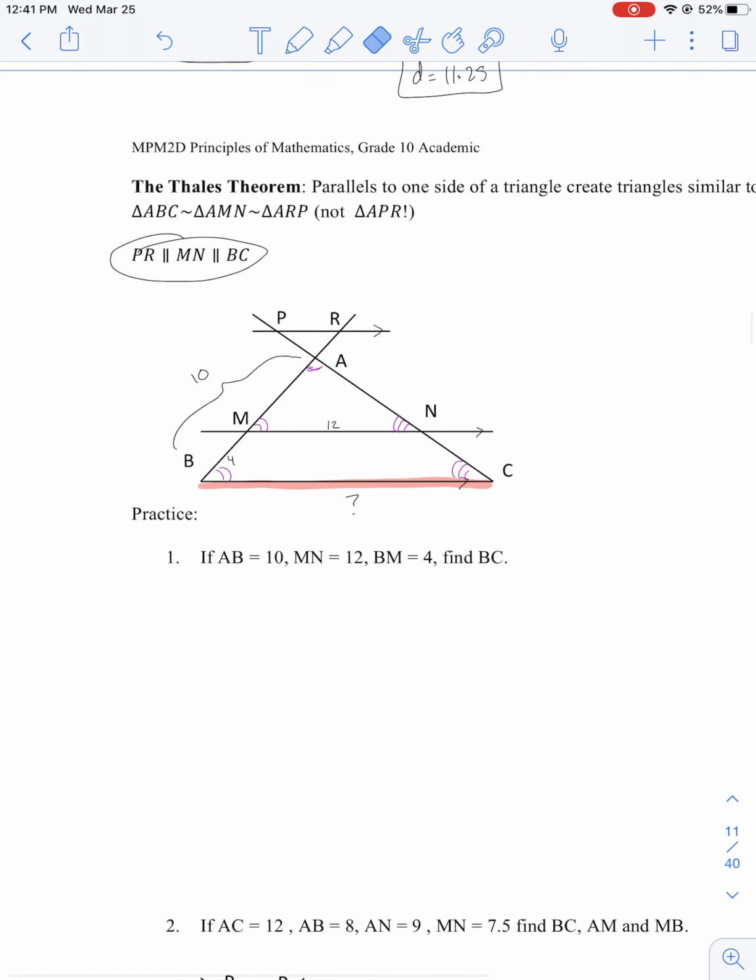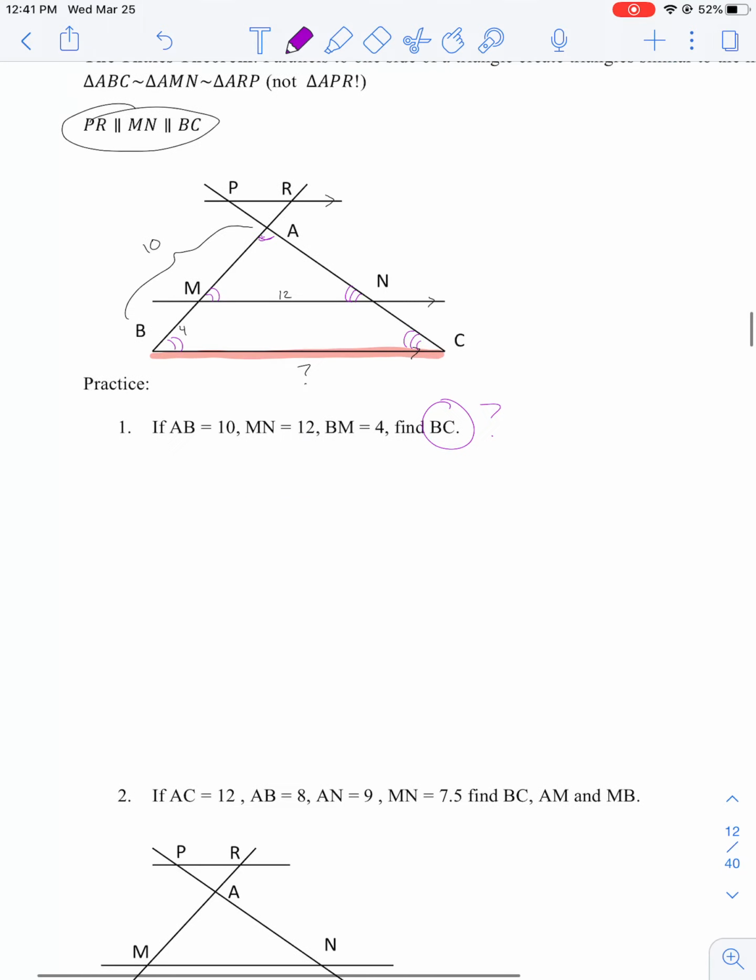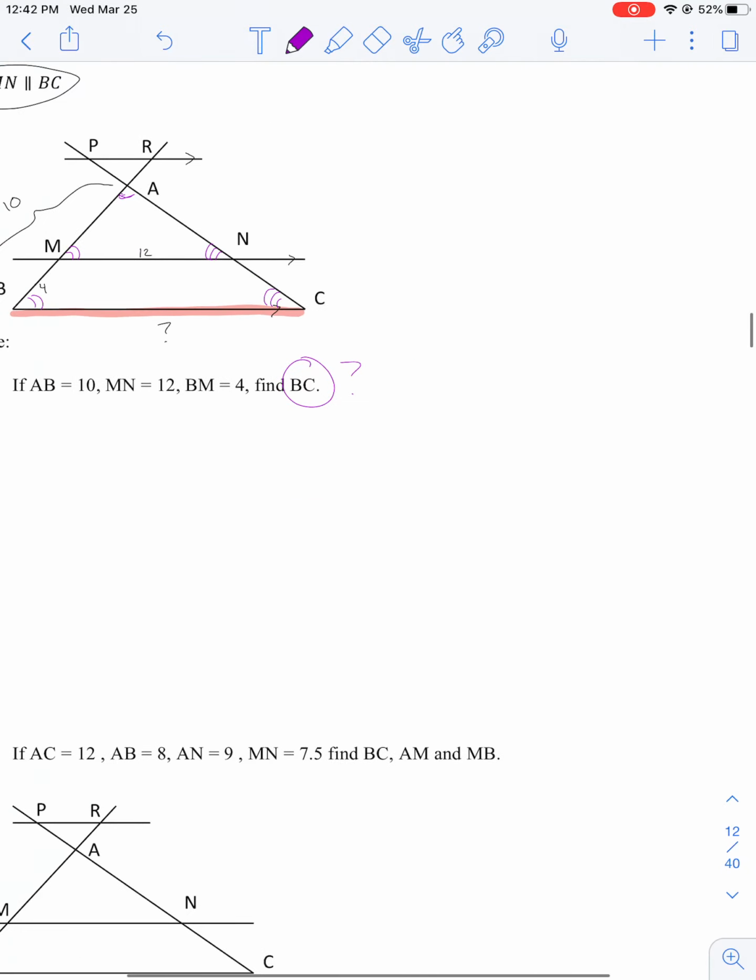And you can see we could do the exact same thing for triangle ARP as well. We'd have to use the Z pattern in there, but it wouldn't be too tricky. So let's try and find this length of BC here. How do we find that length? Well, this is like saying we have two triangles.